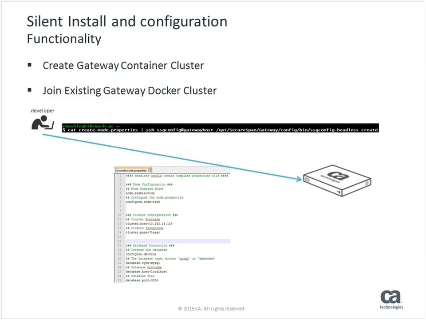Very simply, instead of that interaction where you had to SSH in and answer 8 or 9 questions with a lot of clicking through, you take one properties file that you can fill up ahead of time.